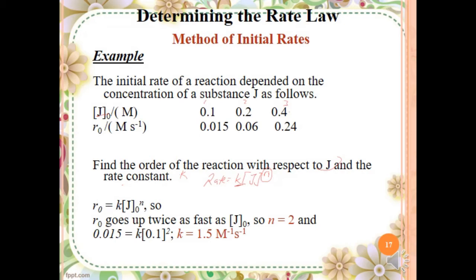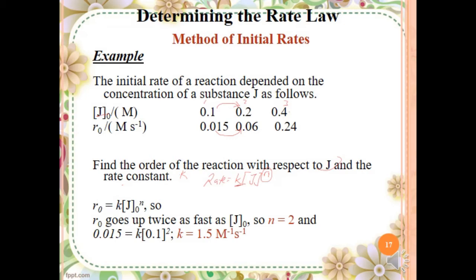If we double the concentration of substance J, look at what happened to the rate. The rate is not doubled but quadrupled. If we double 0.3, we get 0.06 here, so twice.